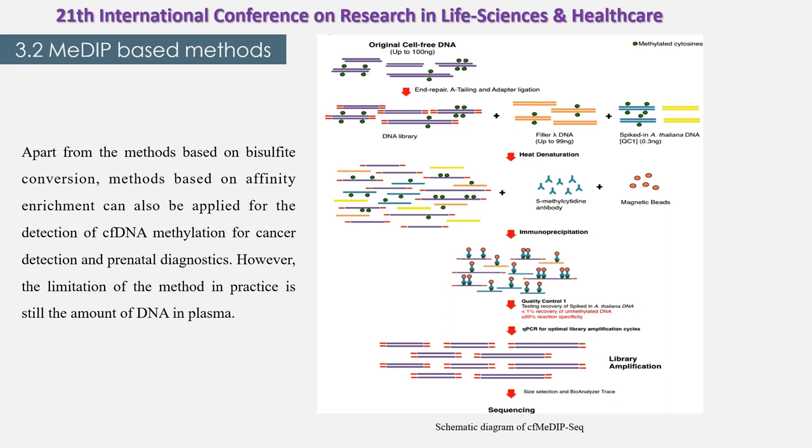The usual input DNA for MeDIP is 100 nanograms. However, David combined liquid biopsy, methylation analysis, and machine learning to develop a sensitive test method based on immunoprecipitation to analyze a limited amount of plasma circulating cell-free DNA, which could detect and classify early-stage cancers.